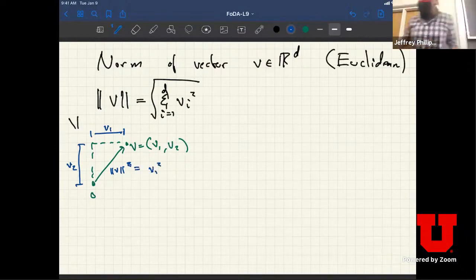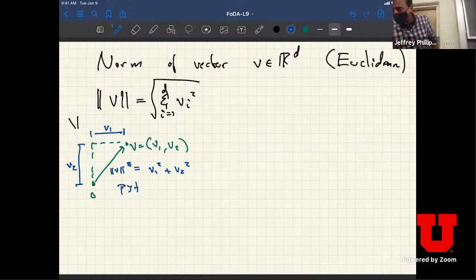So I don't need to put the norms on it. It's just a value, one coordinate, plus v2 squared. This is the Pythagorean theorem. And so this is just kind of a generalization of the notion of length.